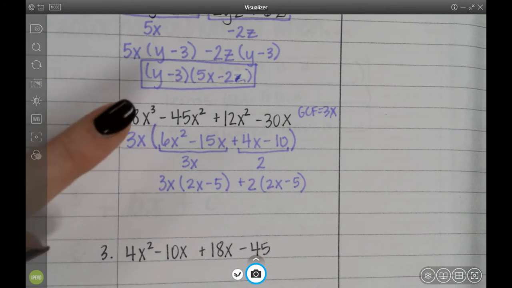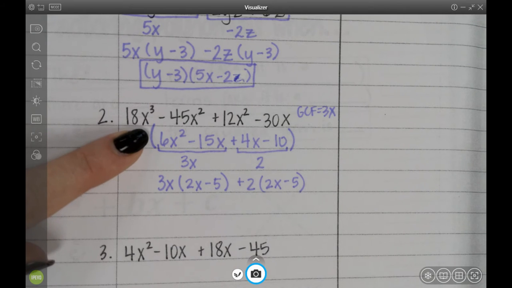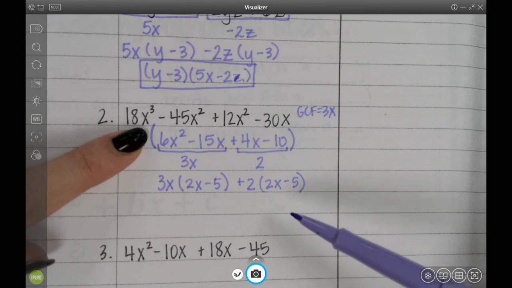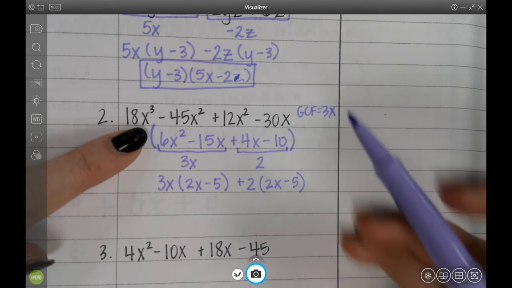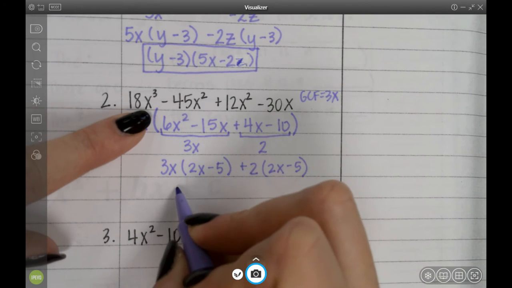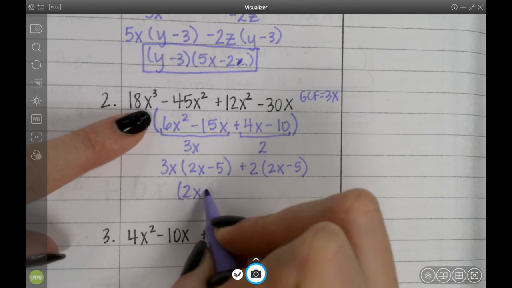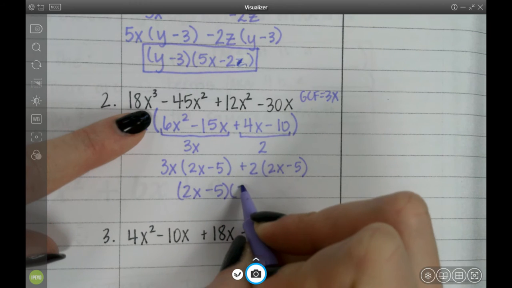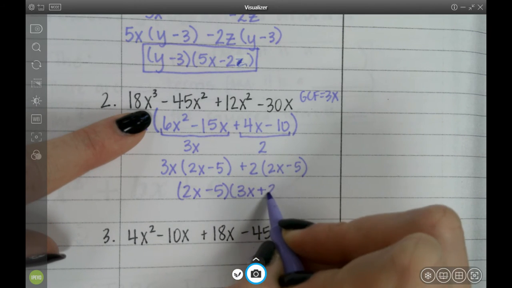Okay, so I like to pretend my original GCF isn't there. Then I'll factor it by grouping as normal. You get your 2x minus 5 in each set of parentheses. So you have 2x minus 5 and 3x plus 2.